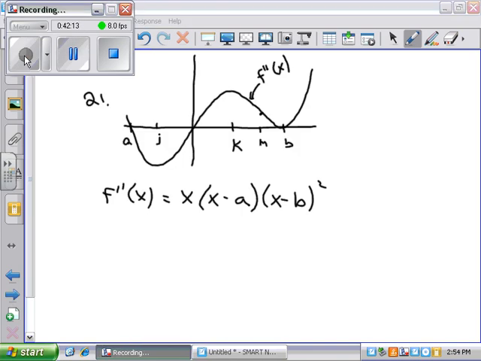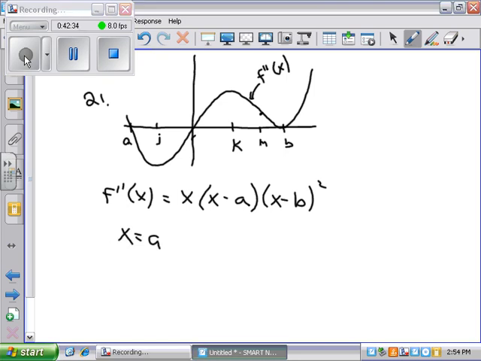They give you a graph of the second derivative, and they give you its equation. They ask, for what values of x does the graph of f have a point of inflection? That's when the second derivative changes sign. Obviously at A. Is that a number or 0? It's both.